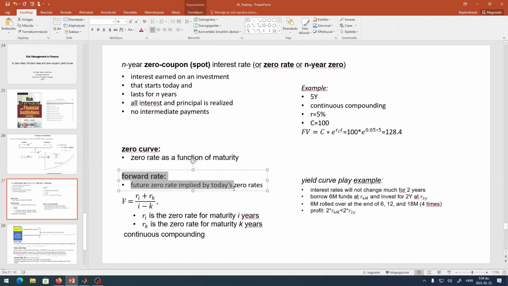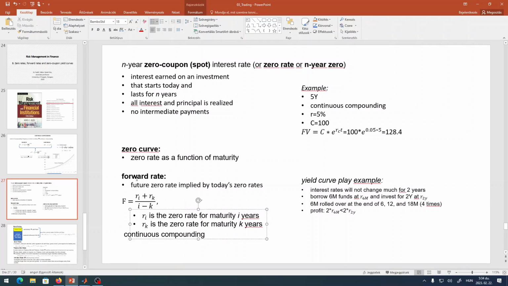In the case of the forward rate, we can take the expected interest rates in the future and imply them from today's zero rates. If this is the zero rate for maturity in i years and this is the zero rate for maturity in k years, then practically we can calculate the forward rate by using an interpolation between them.